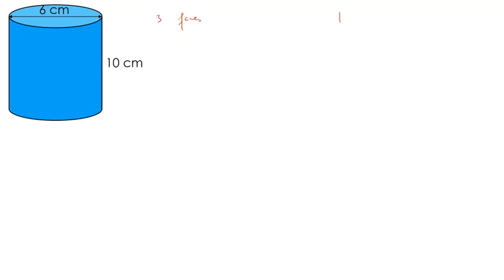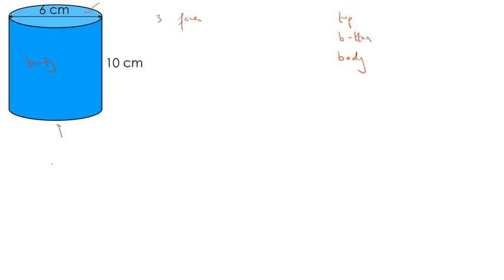It's got the top here, which is a circle. It's got the bottom, which you can't see, but it's also a circle. And it's also got this curved large surface that wraps around the circles, and I call that the body of the cylinder. So for a cylinder, I always draw a net.